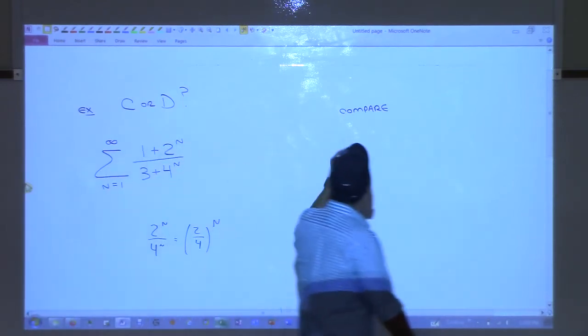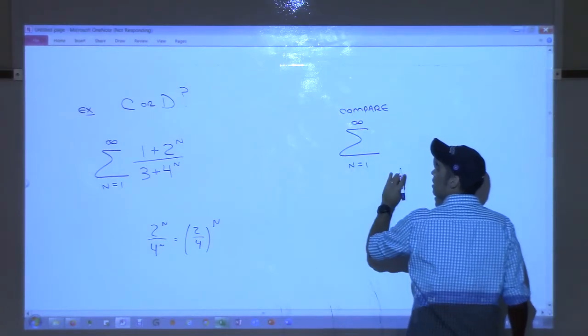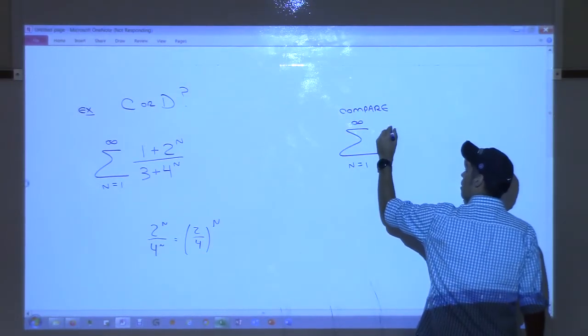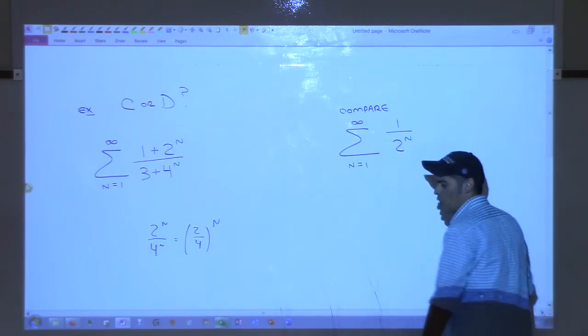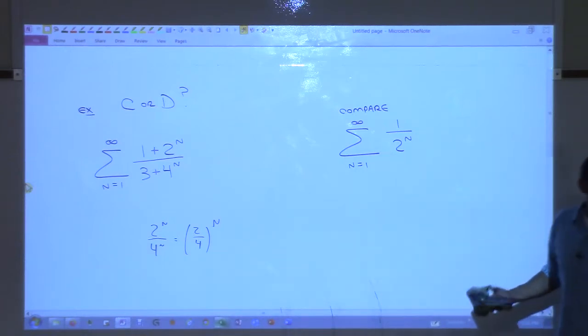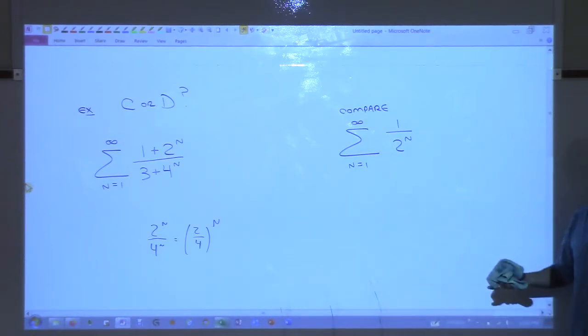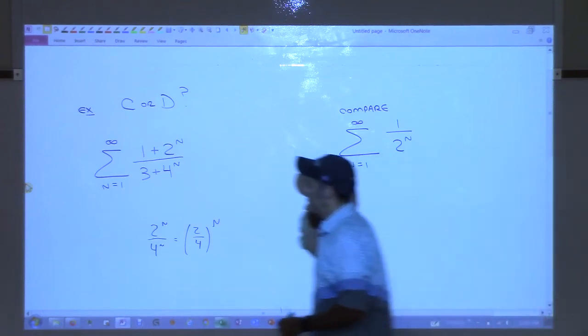So if we're going to compare it, we're going to compare this to the sum from n equals 1 to infinity of 1 over 2 to the n, or 1/2 to the n. Which way do you want me to write it? That one? Okay.